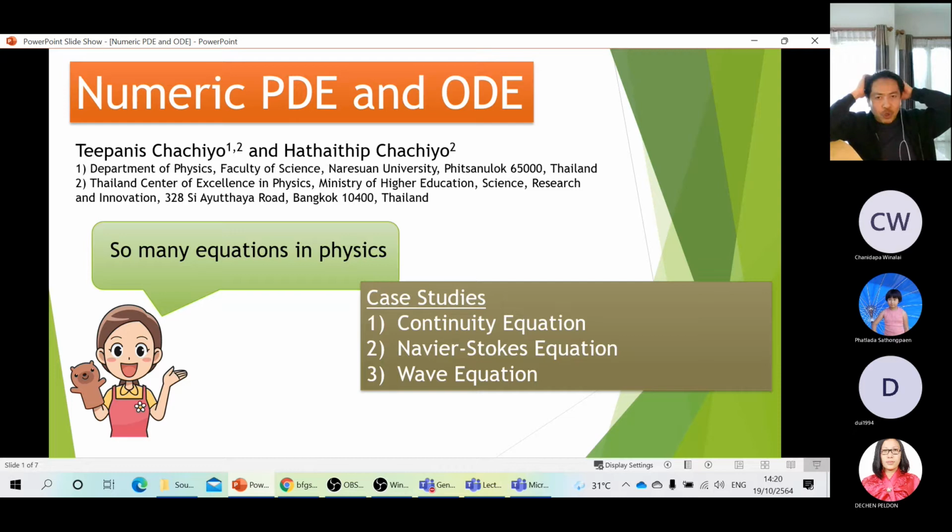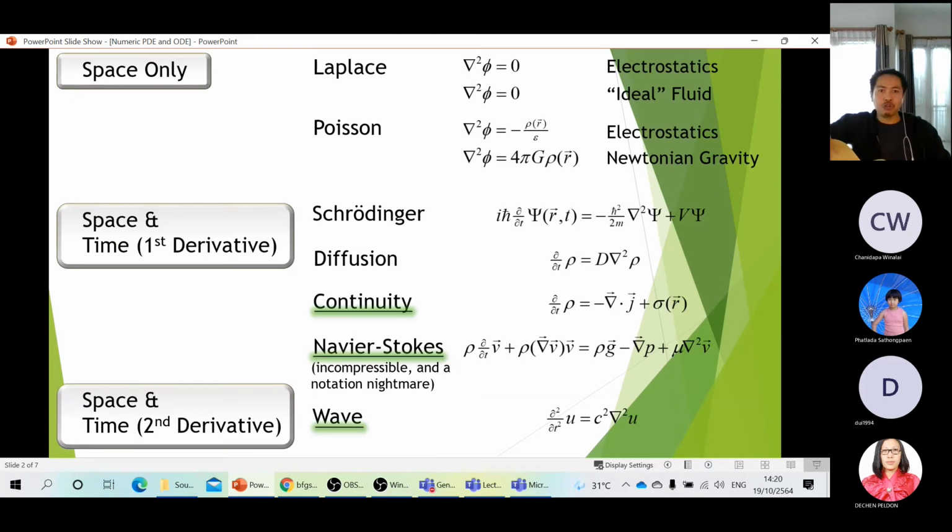We are going to look at examples of what we usually call partial differential equations, with 3 examples: first, second, and third. Let me give you a scary picture of those equations in physics, which I have prepared for you. It's huge, very scary, and it's just a very small subset of what we know in physics.